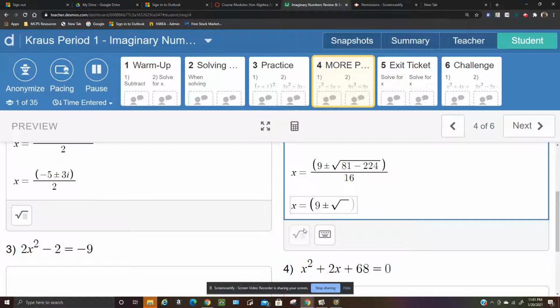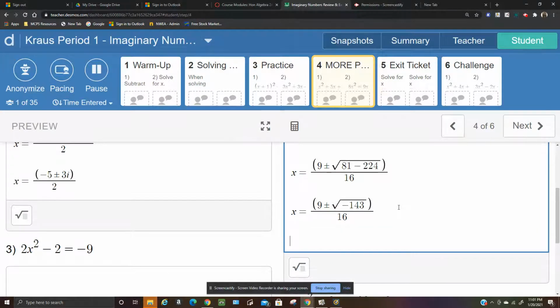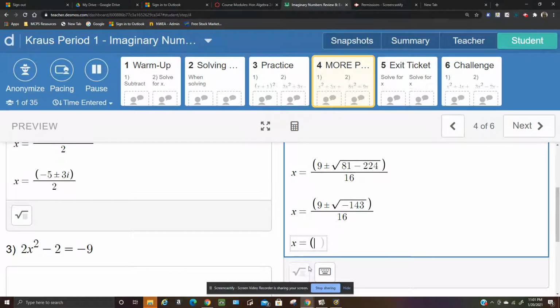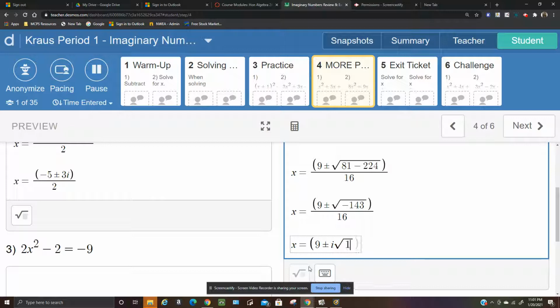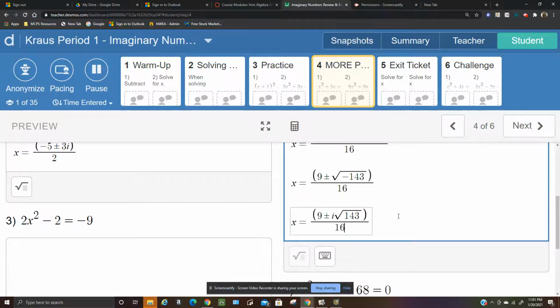And it's 143. So 9 plus or minus i square root of 143 over 16.